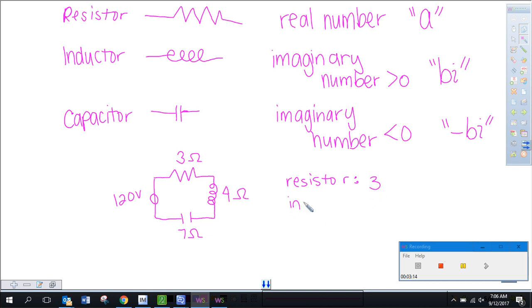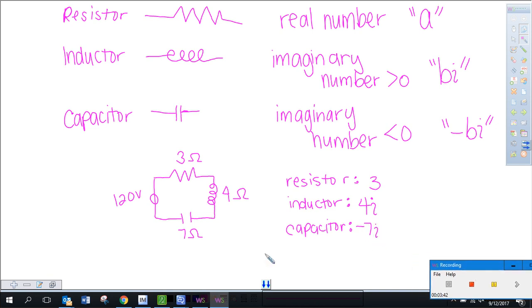The inductor, I look for the spring, and I'm going to take that 4 and write it as a positive imaginary number with I. So 4I. And then the capacitor is the double bars. Since the capacitor has an impedance of 7 ohms, we represent that as an imaginary number less than 0. So it's going to be negative 7I.